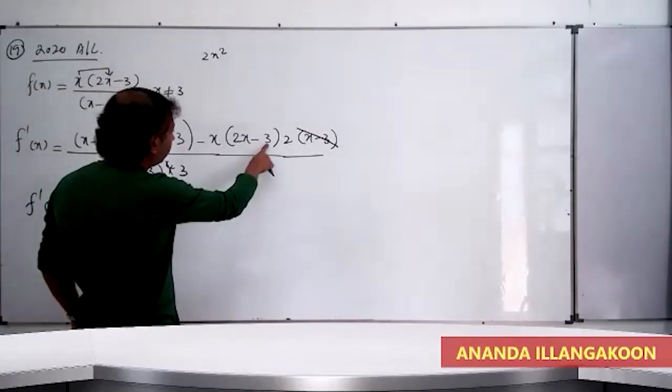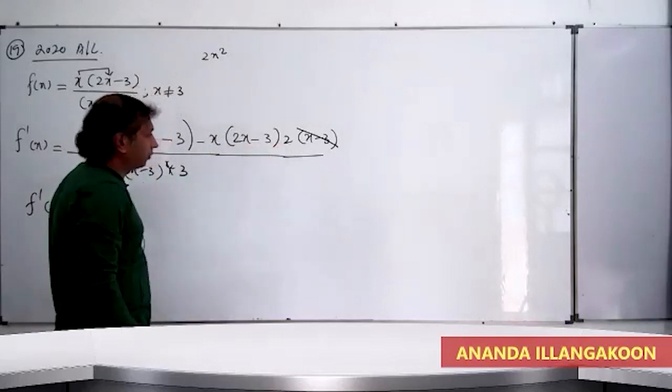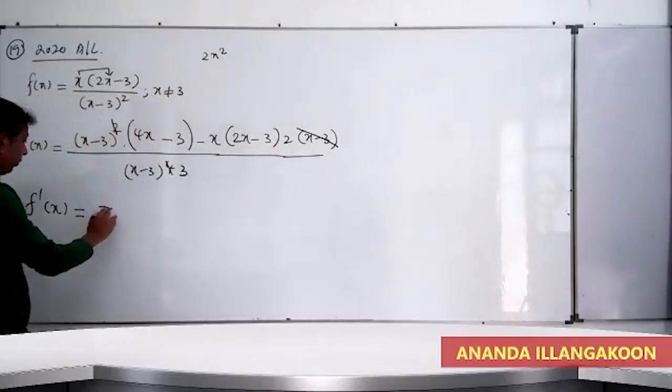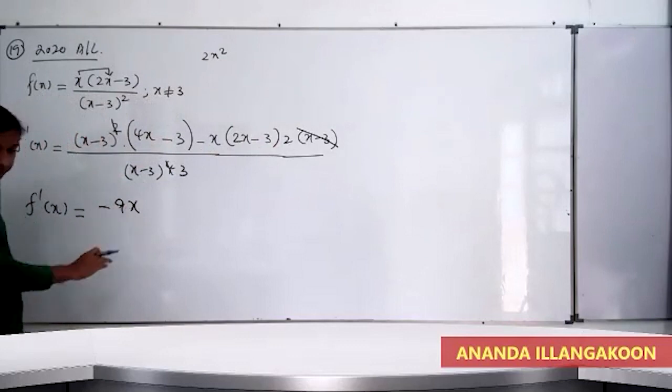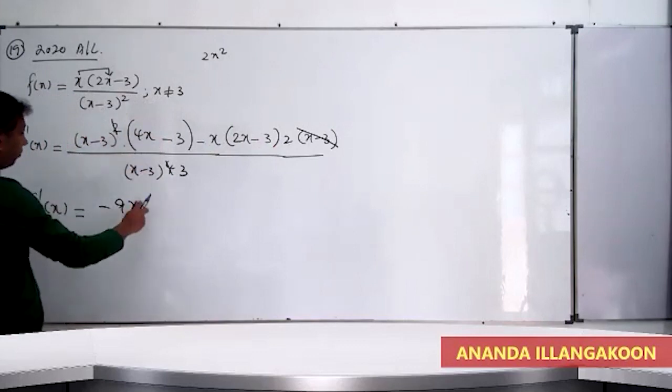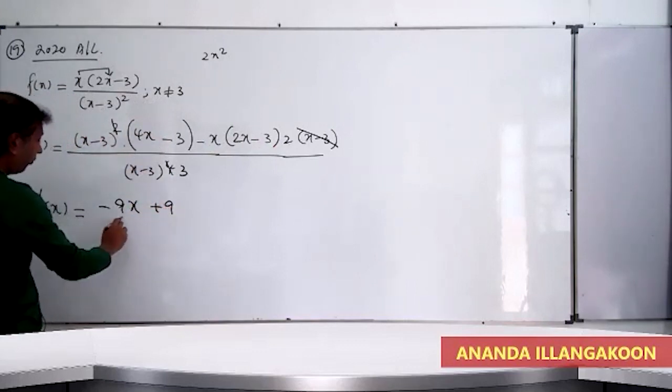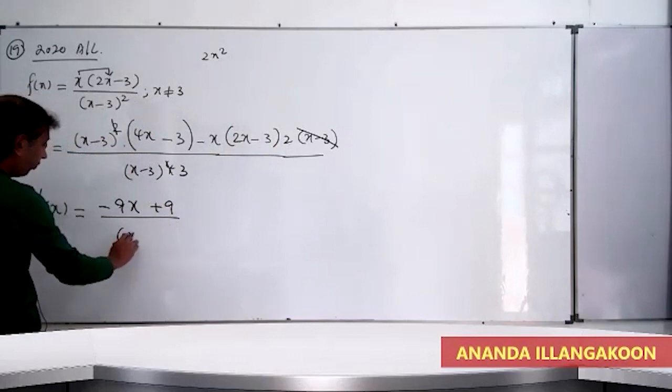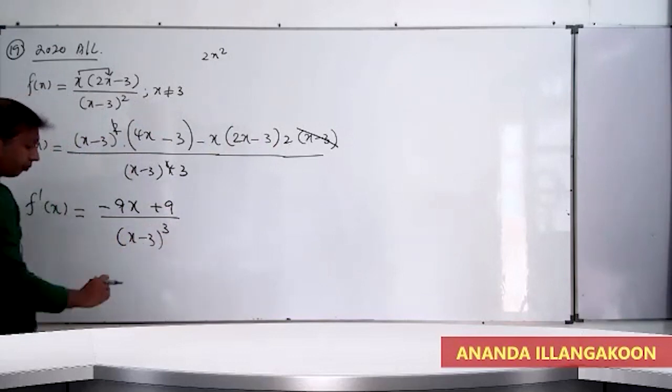Then here we get plus 6x, minus 9x coming. And here we get plus 9, divided by (x minus 3) to the power 3.